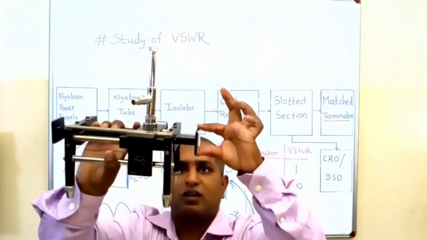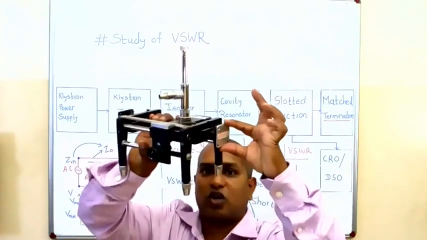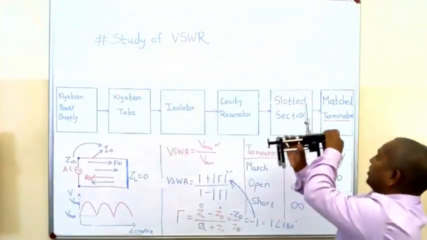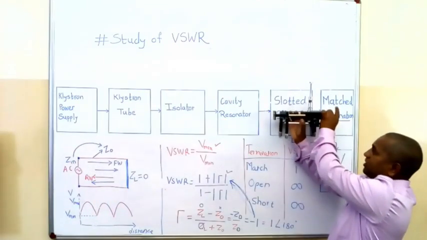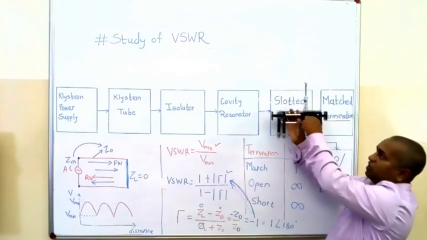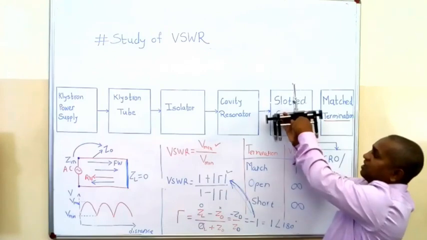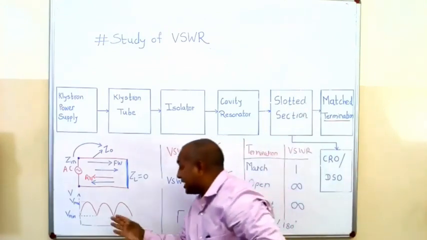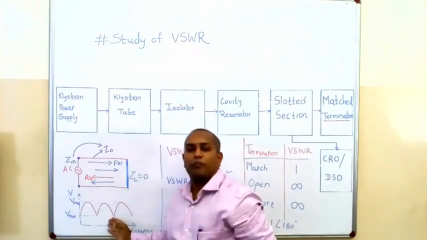We will fix it. This condition is known as a short circuit. So look here. Keep your short circuit like this and vary your probe from load side towards input side like this. Again we will get the same type of waveform.